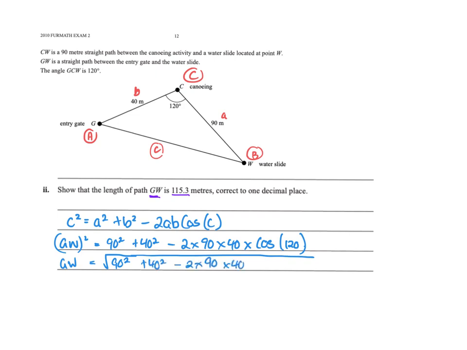Now they already told you, so I wouldn't be bothered doing it on the calculator. I'm just going to say equals 115.3 because they told me that. So I'm confident that's the formula I'd use. I'll just write that like that and I'll get my mark there.